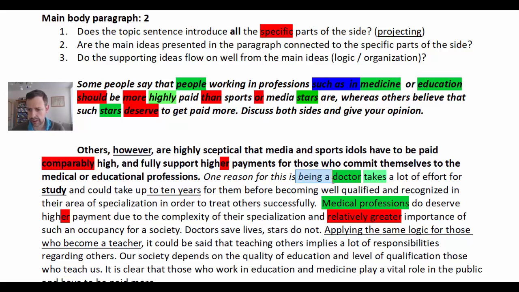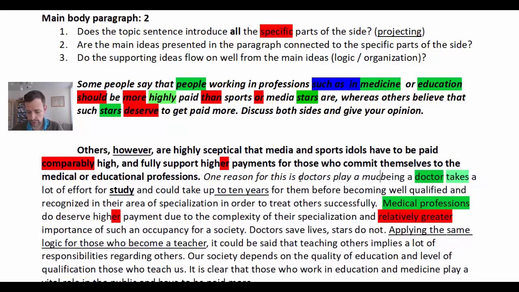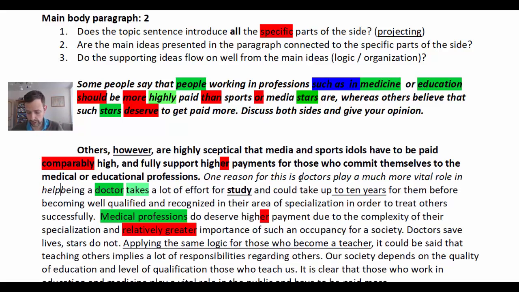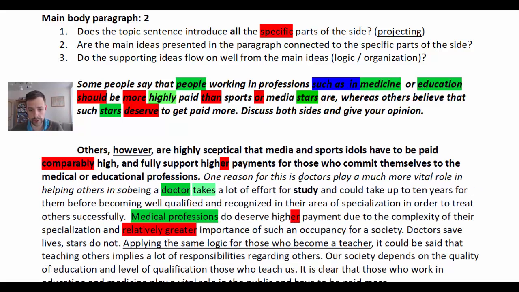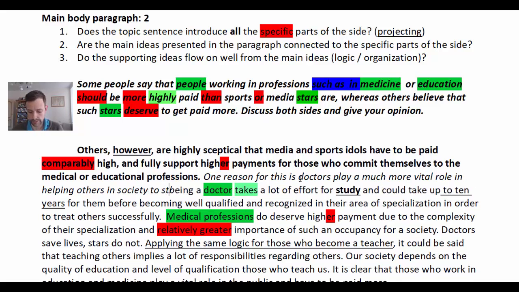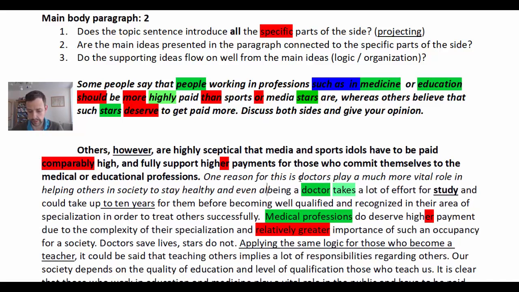Interesting enough, perhaps here, rather than start with a doctor takes a lot of effort to study, if the key point is that they help others, maybe you could just put one reason for this is doctors play a much more vital role in helping others in society stay healthy and even alive.